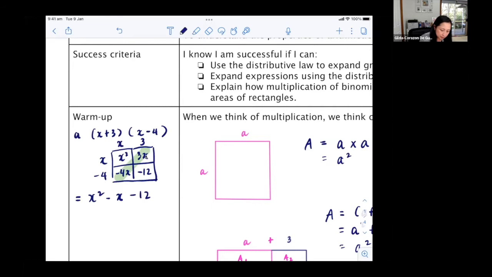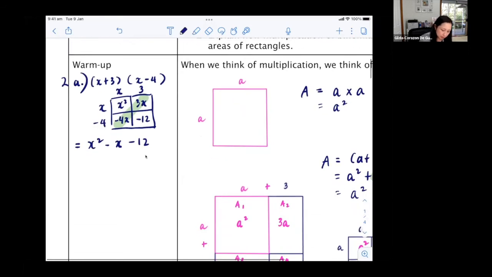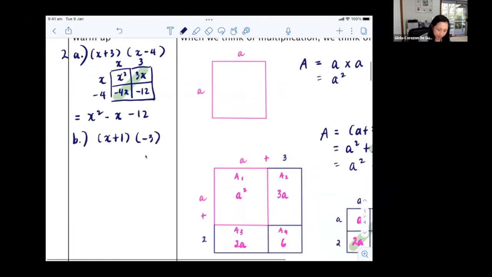That was question 2A of your textbook. If I were to do question 2B, they've got it as x plus 1, x minus 3. And if I draw a window there, x plus 1, and this one is, oops, x minus 3.